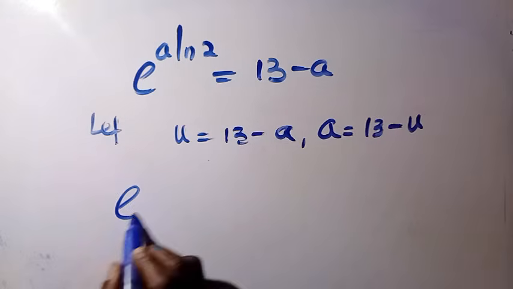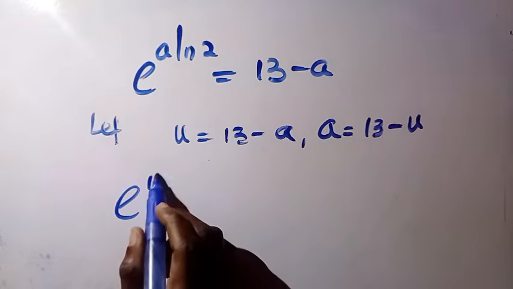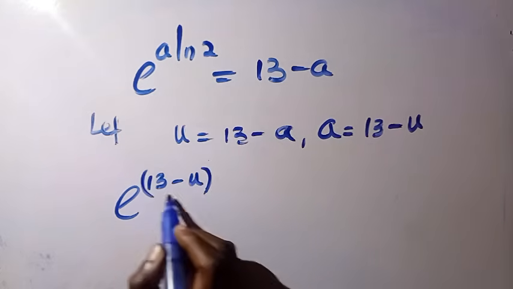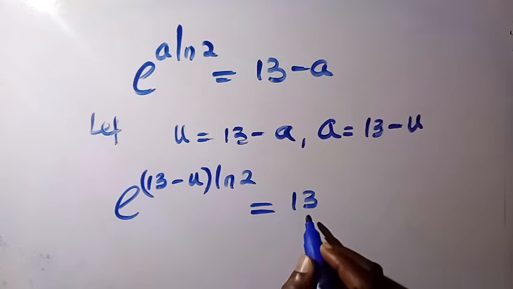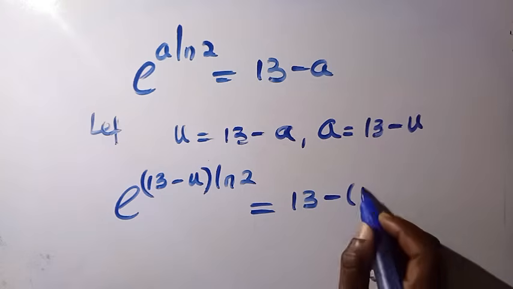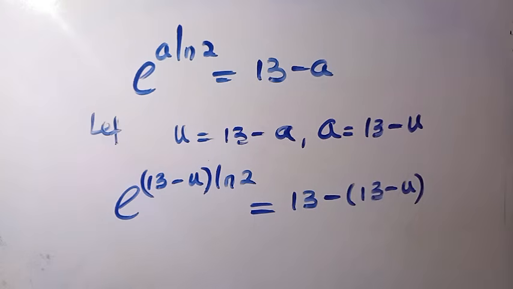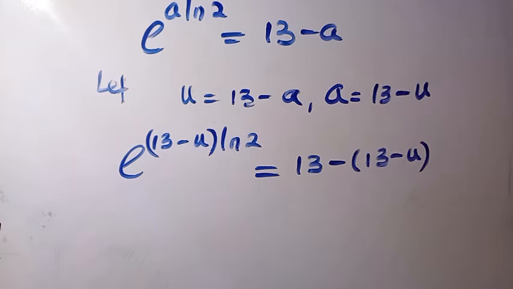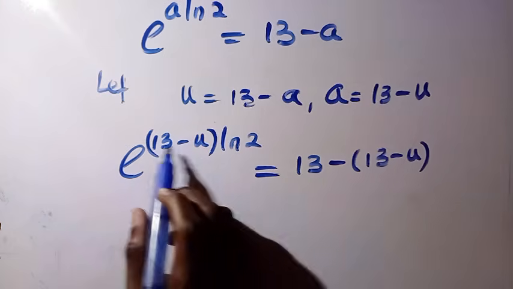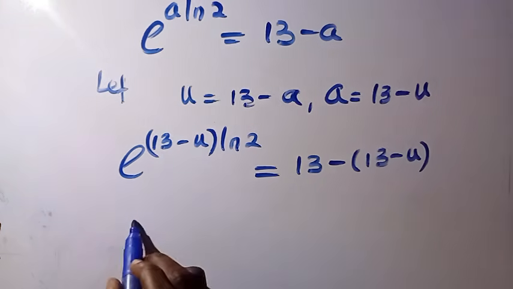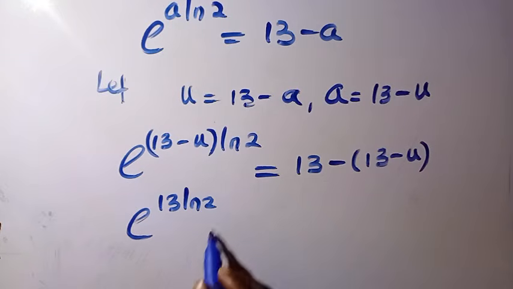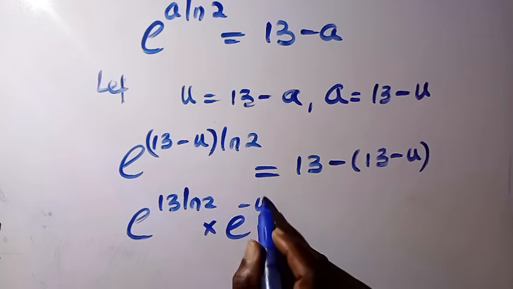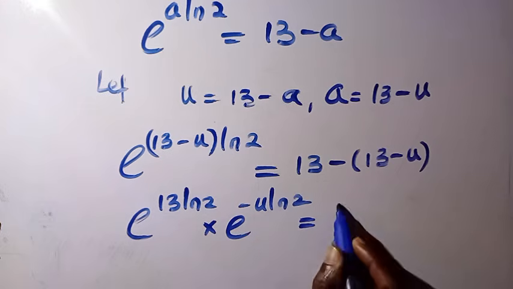Let's replace this: e^((13 - u) ln 2) = u. If I expand this with ln 2, we have e^(13 ln 2) multiplied by e^(-u ln 2) equals u.